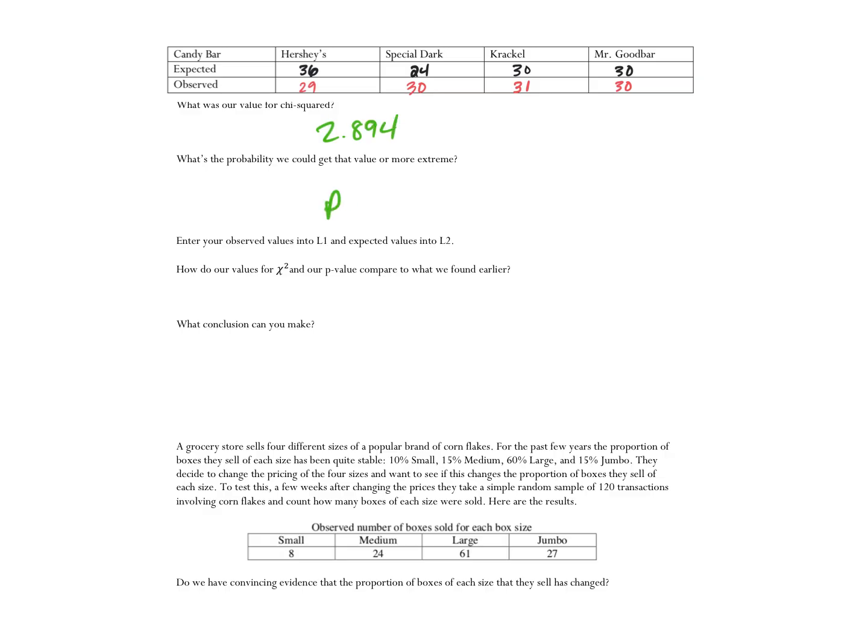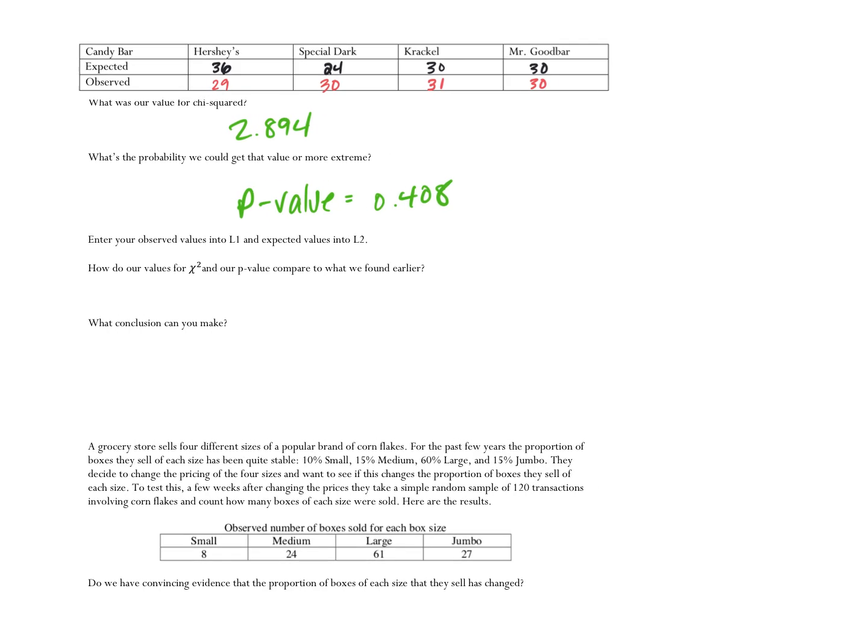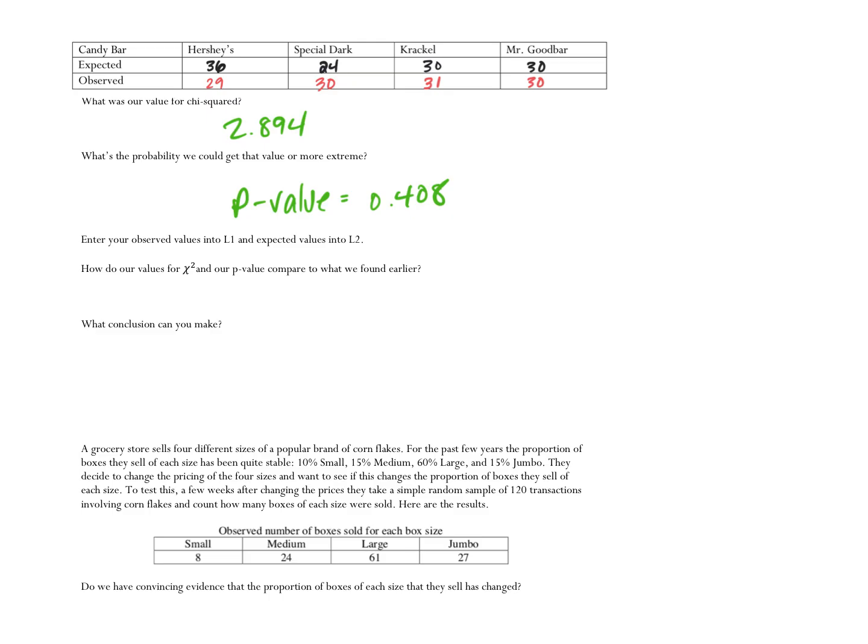And we found our p-value to be about 0.408. I want to show you guys real quick. This is just me copying from the previous page. I'm going to show you how we can put these into your calculator. Typically what we do is we put the observed into L1 and the expected into L2.